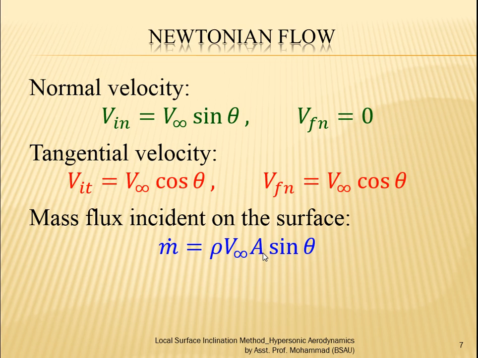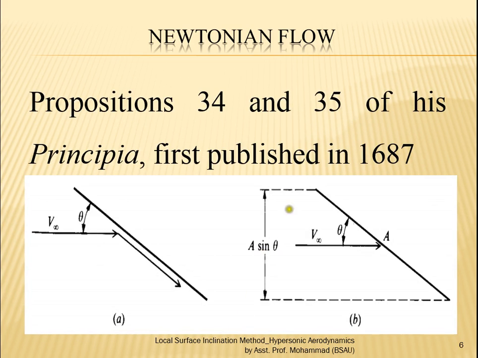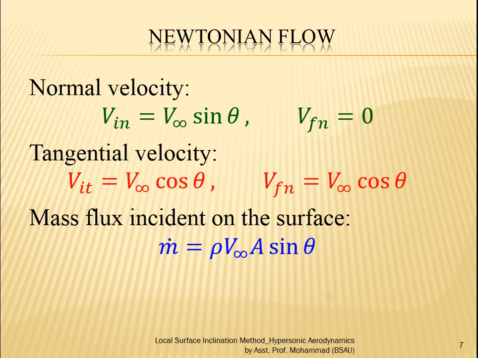If you look at the picture again, here is the picture. If this is the area of the flat plate, then A sin theta is the cross sectional area with which the fluid is coming and attacking the plate. So the mass flow rate is given by rho A V, where A sin theta is the effective area, and V is V infinity.